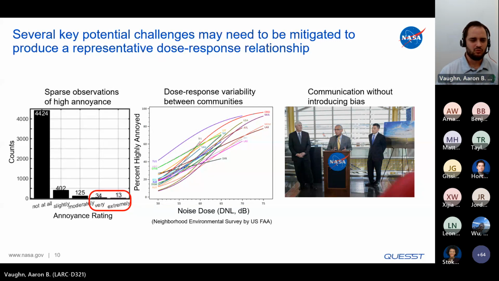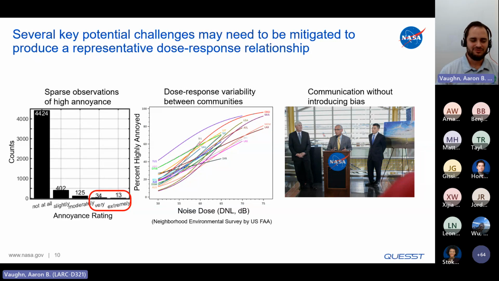With that recent one in Galveston, Texas in 2018, there were 500 participants. We have nearly 5,000 responses for these flyover events, and less than 1% of these responses were very or extremely annoyed, which is considered highly annoyed, which is the key metric in community noise.